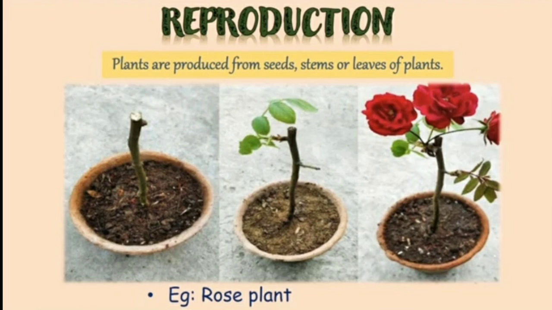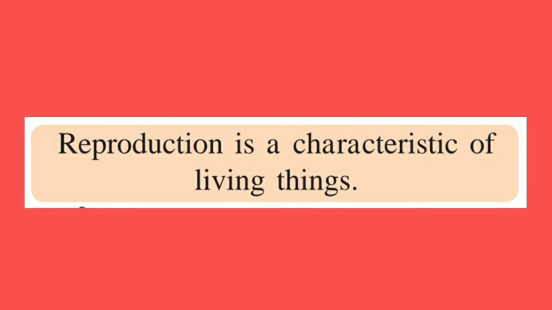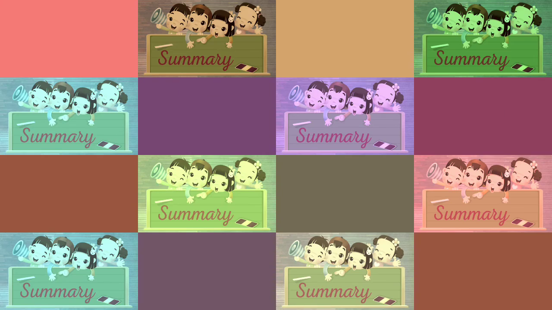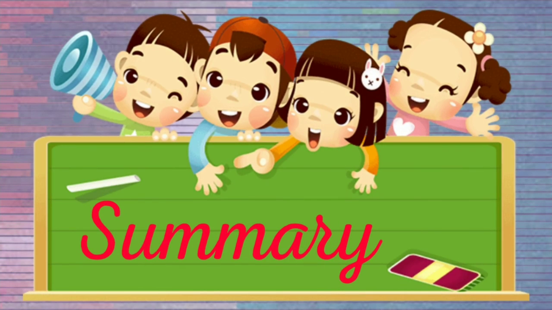So children, reproduction is a characteristic of living things. Understood, children? So let us quickly revise what we have learned in this video.